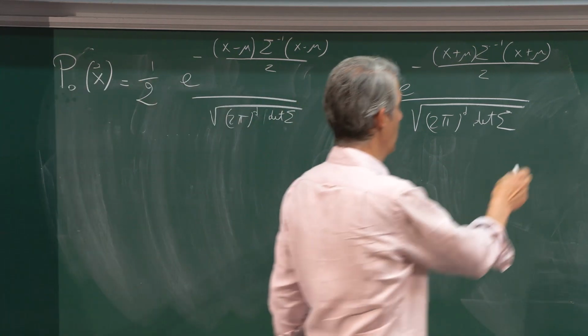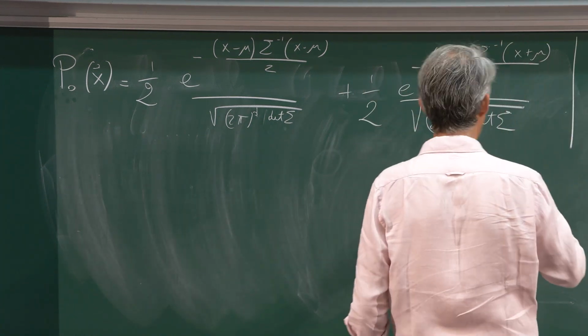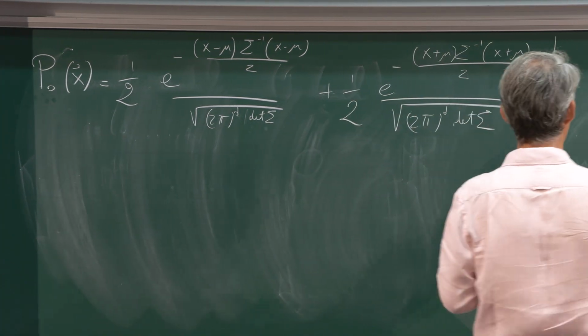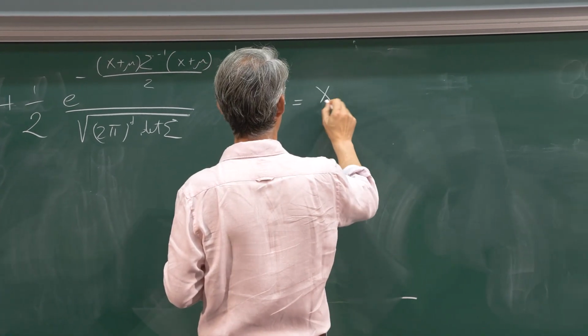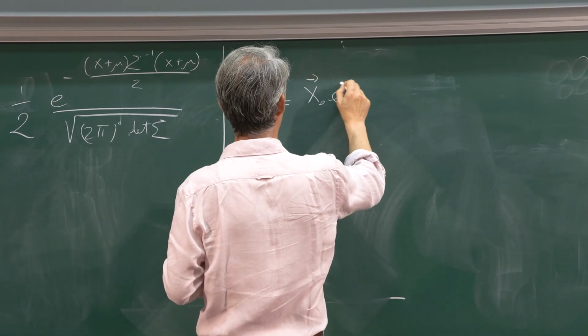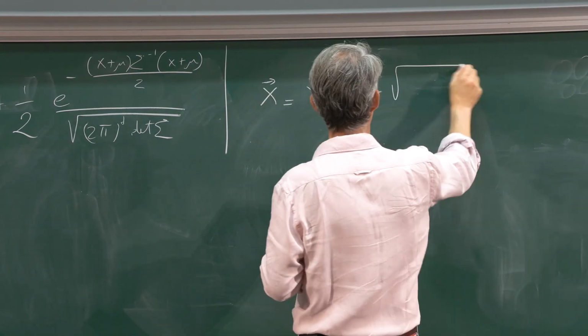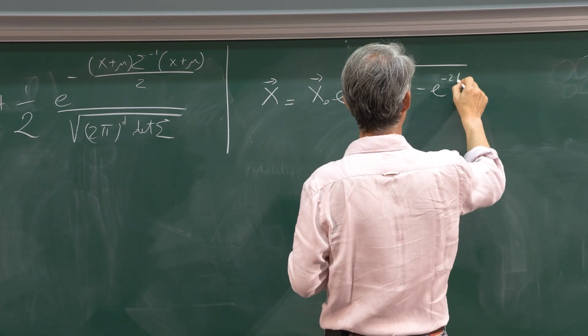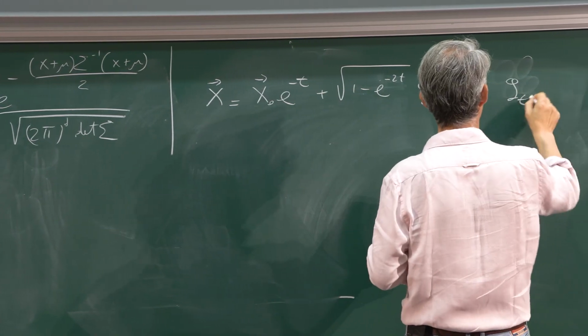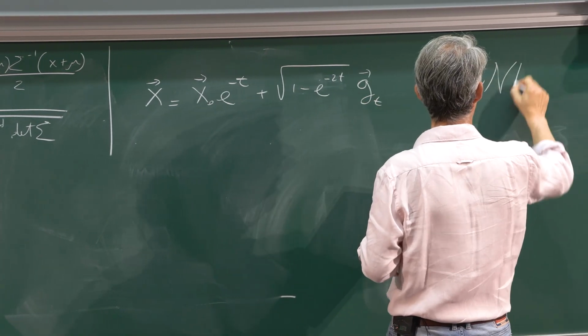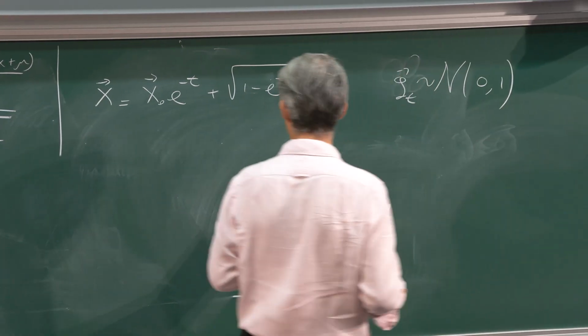So we want to get Pt of x. I remind you that x at time t is equal to x0 times exponential of minus t, plus square root of 1 minus exponential of minus 2t times g, where g is a Gaussian, N(0, 1).